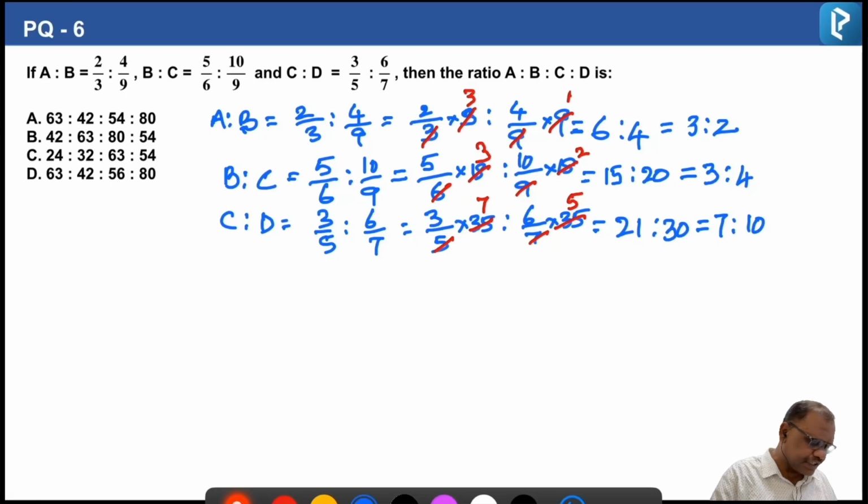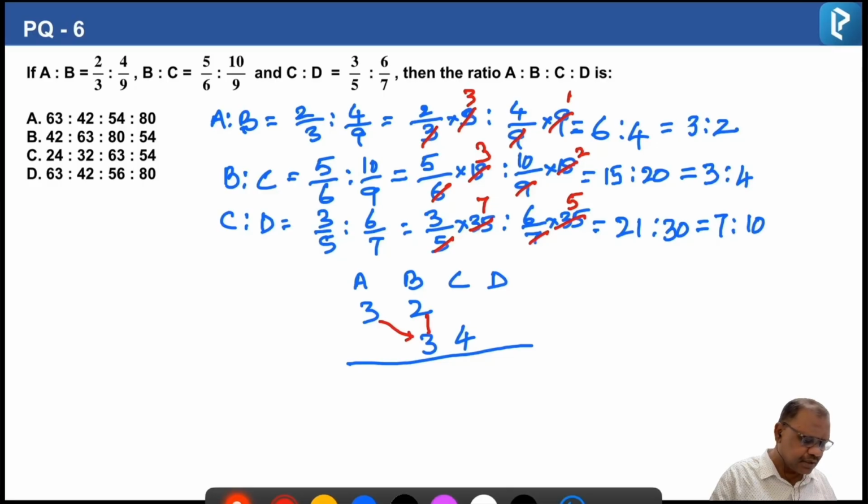So write down the ratios, one below the other. A:B is 3:2. B:C is 3:4. So how to combine? 3 should be multiplied by 3. 2 should be multiplied by 3. 2 should be multiplied by 4. That is 3 3s 9, 2 3s 6, 2 4s 8.